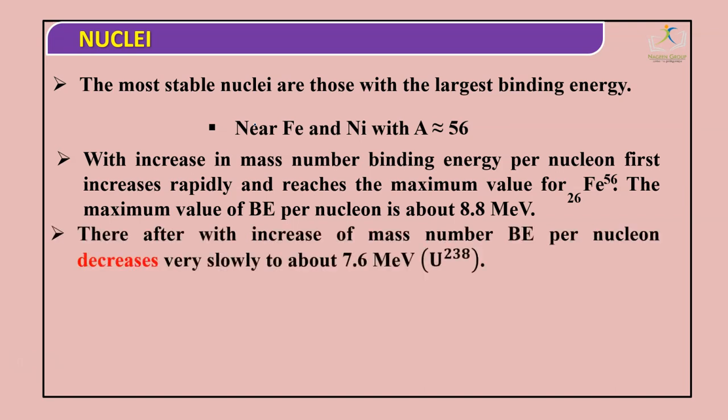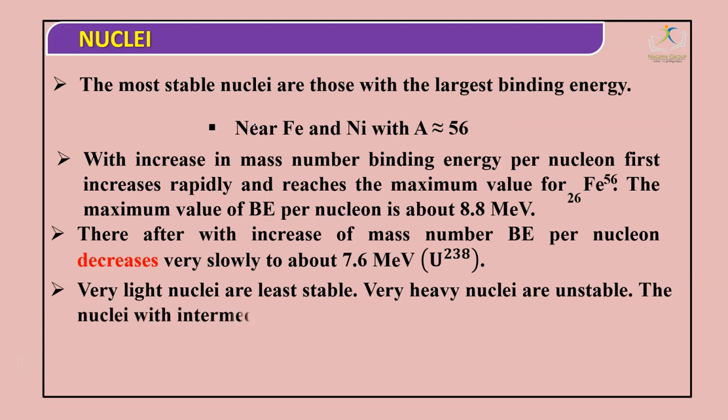Thereafter, with increasing mass number, binding energy per nucleon decreases very slowly to about 7.6 MeV for uranium 238. So very light nuclei are the least stable.